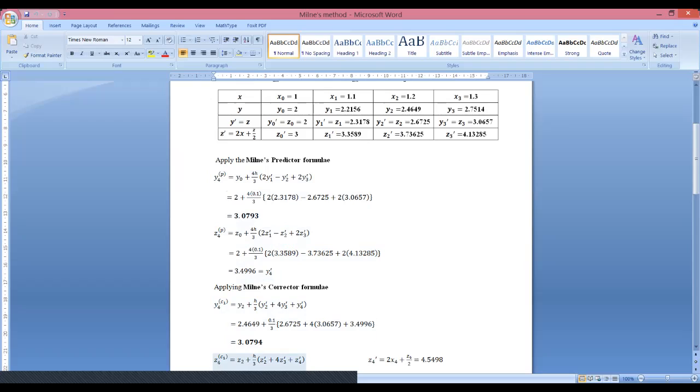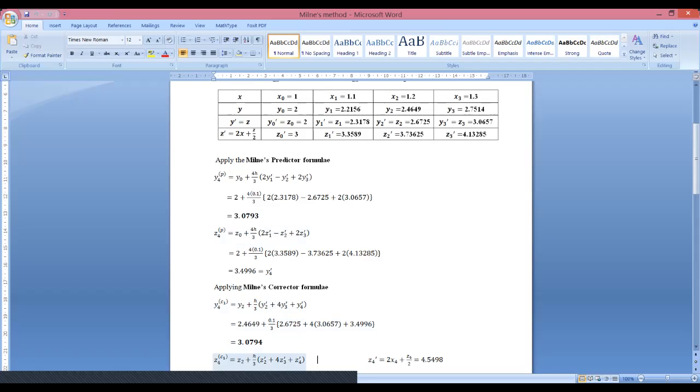Now, before going for applying the corrector formula a second time, we need to go for z4 first corrected value. So as we did the z4 predicted value, similar to that, z4 first corrected is same as y4 first corrected value. In place of y, we will be writing again z.